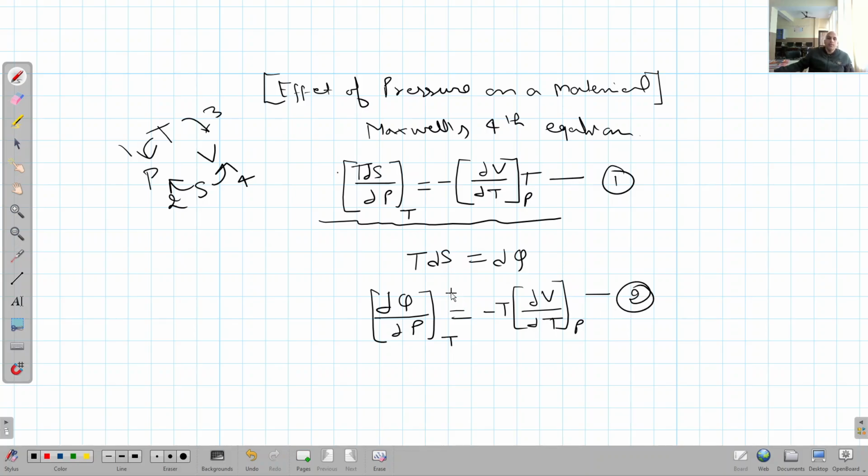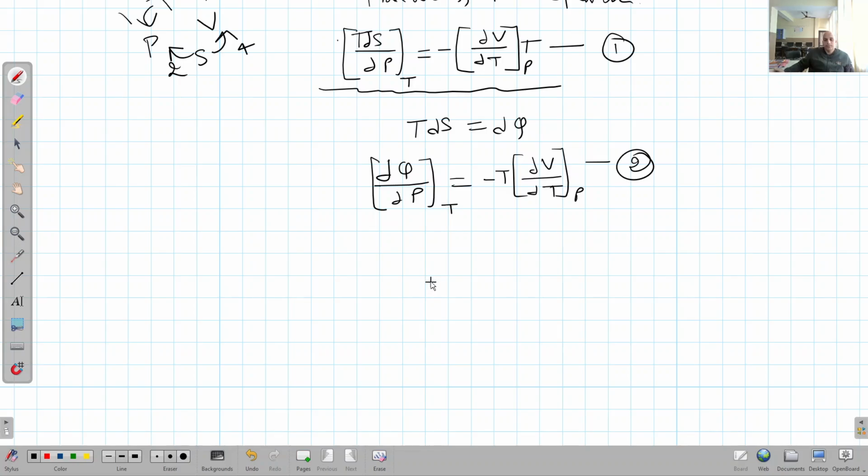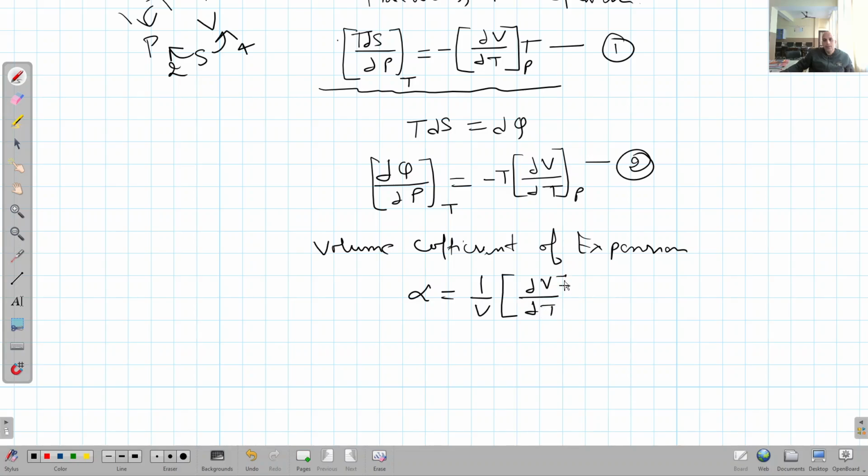Clear? Now we know very well that the volume coefficient of expansion, if the material expands, is defined as alpha is equal to 1 upon V ∂V upon ∂T.